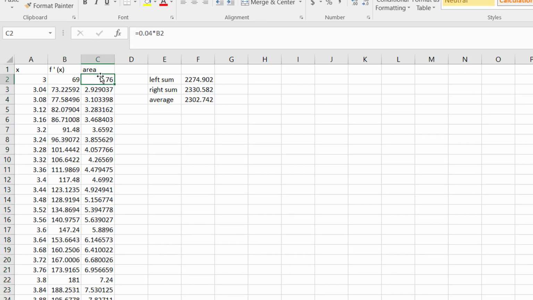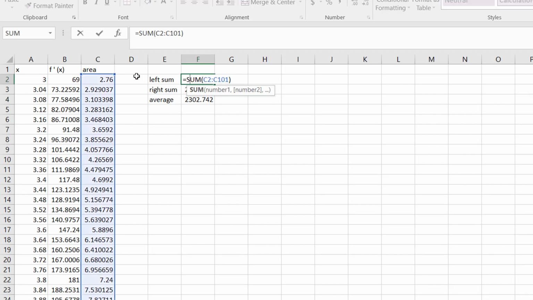Finally, in column C, we need to find the area of each of the little rectangles. Each rectangle has base length 0.04 times its height, which is found in column B. So 0.04 times the function height from column B. And finally then we do the left sums, the right sums, and then the average of the two.